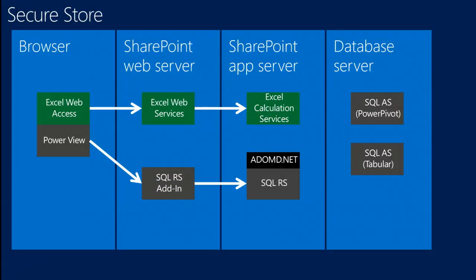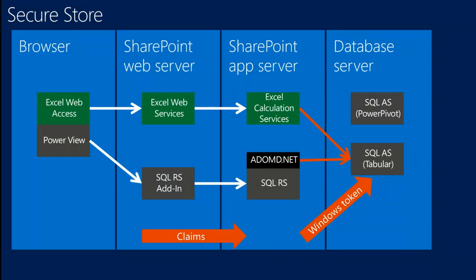Secure store, the way that works is, again, we have claims coming in that identify the user, and we need a Windows token to pass to analysis services to authenticate to it. But we're not just going to try and convert the claims into an equivalent Windows token that identifies the same user.